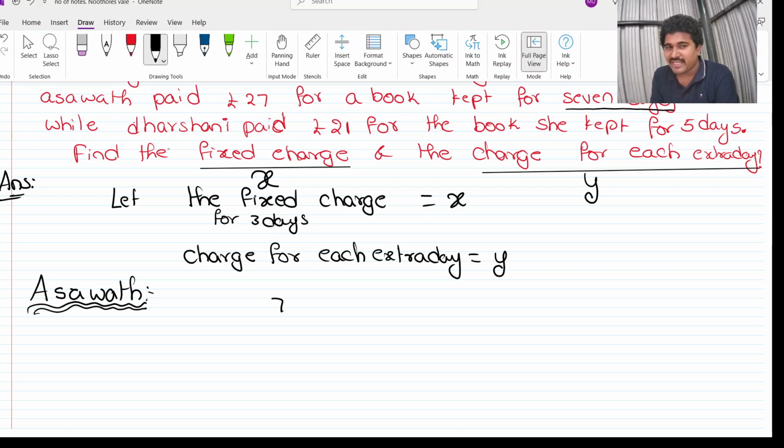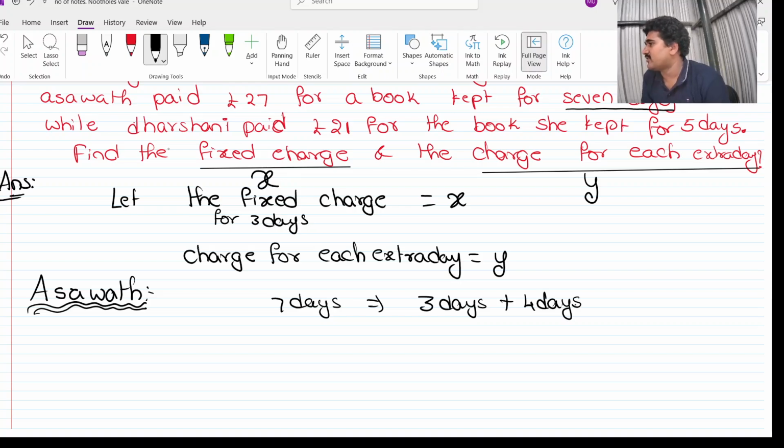Those 7 days should be broken down into 3 days plus 4 days. Correct? Why 3 plus 4? Why can't it be 1 plus 6? Because there is a fixed charge for 3 days, right? That's why 3 plus 4 days.